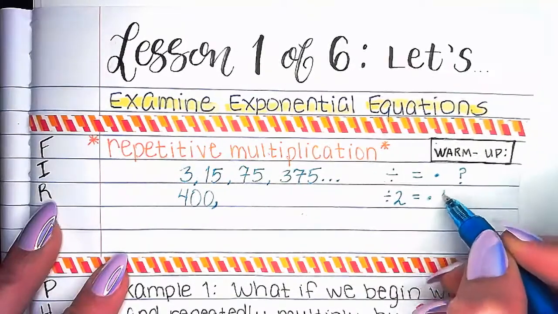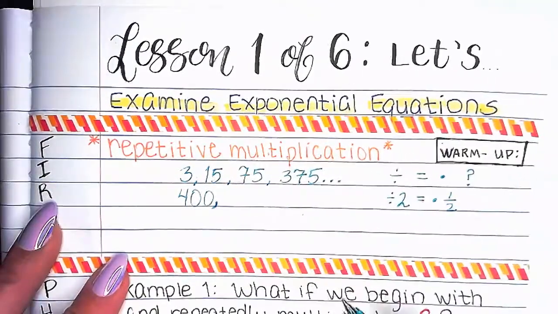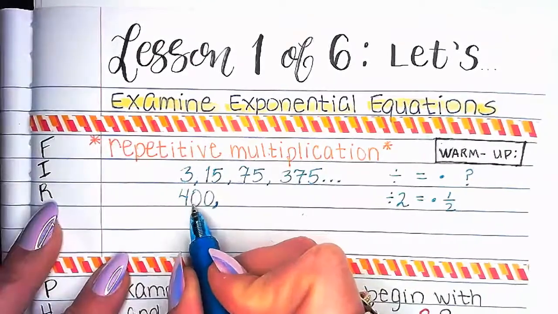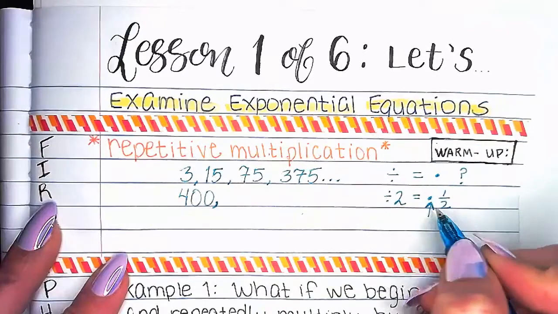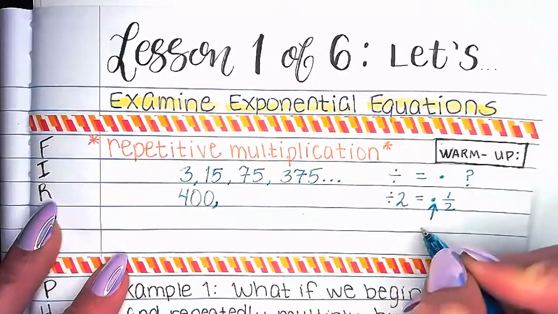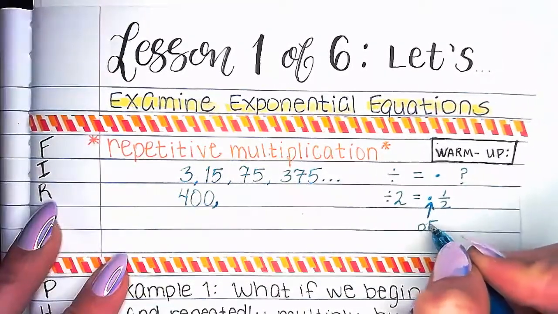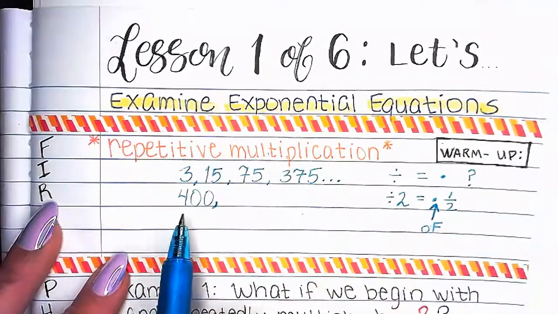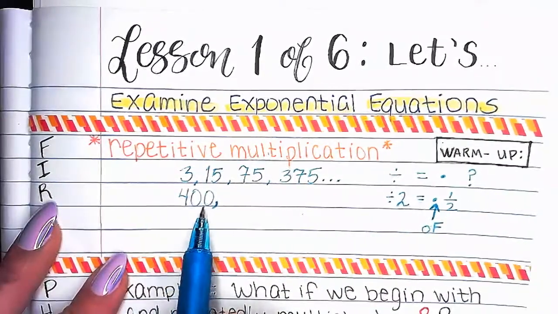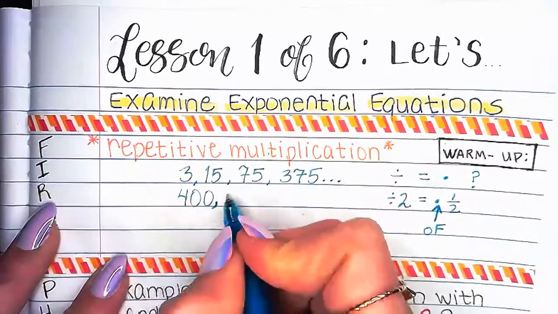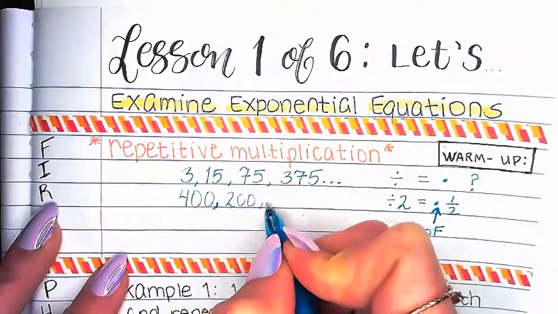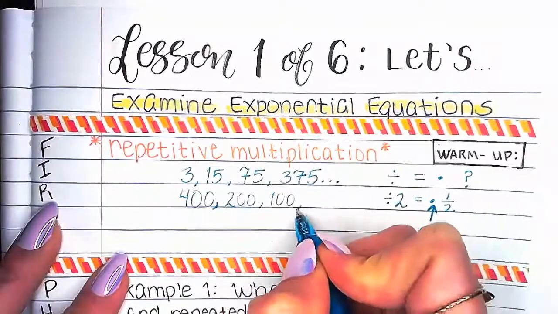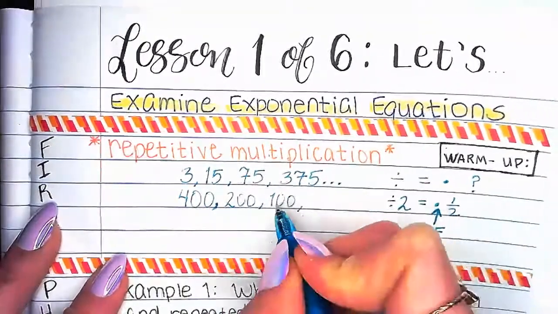If you said multiplying by 1/2, you were right. So what's 1/2 times 400? Also, the word times, or the act of multiplying, can be interchanged oftentimes with the word of. So what is half of 400? What's 1/2 times 200? What is 1/2 times 100?